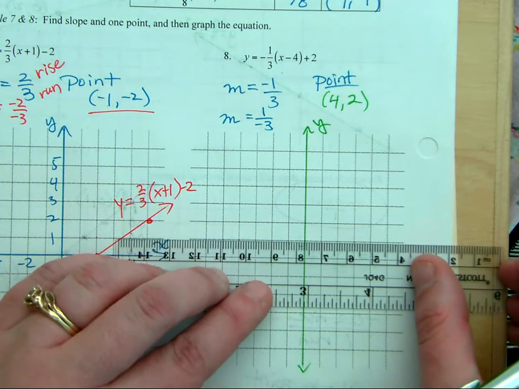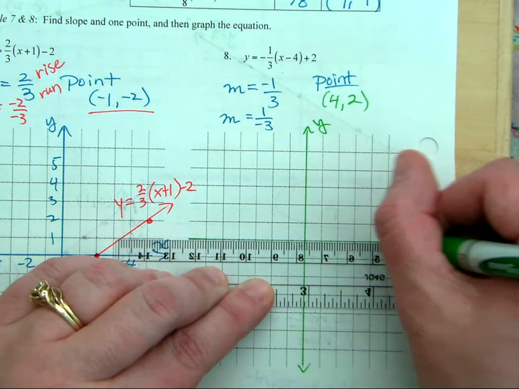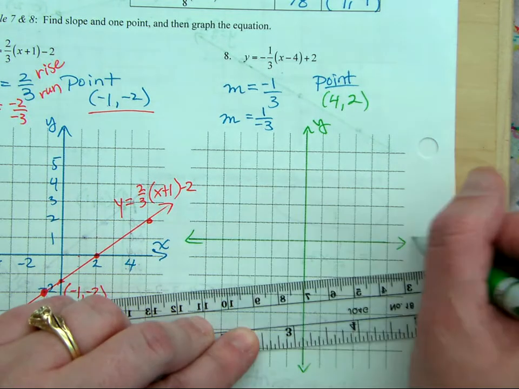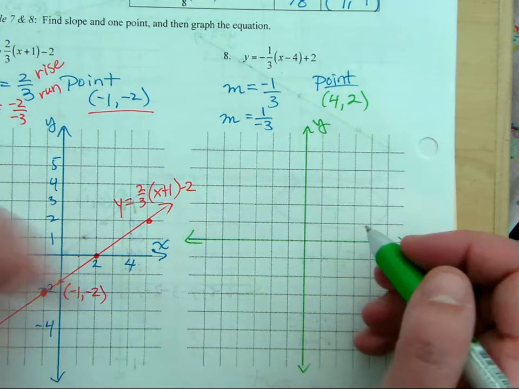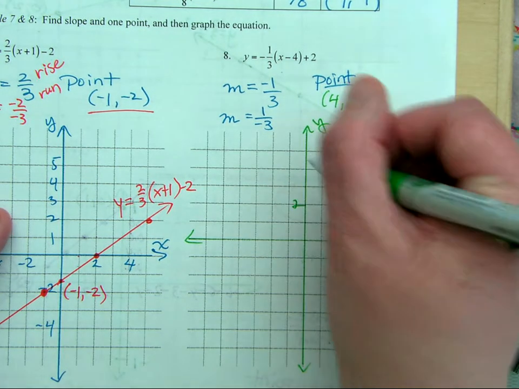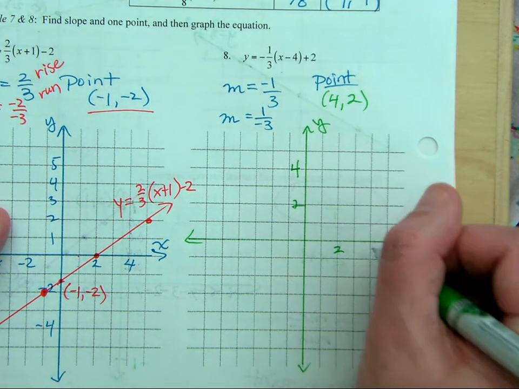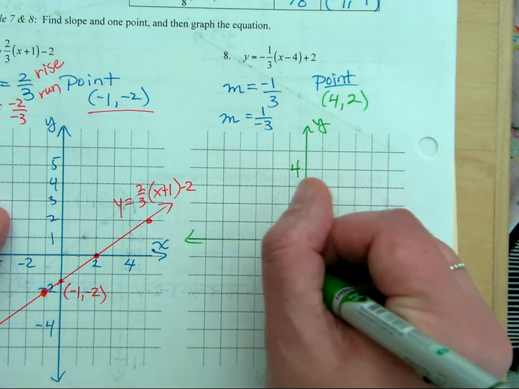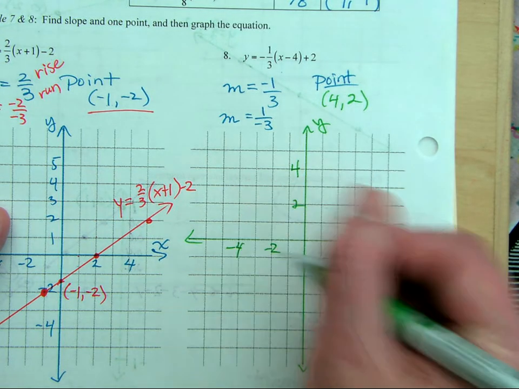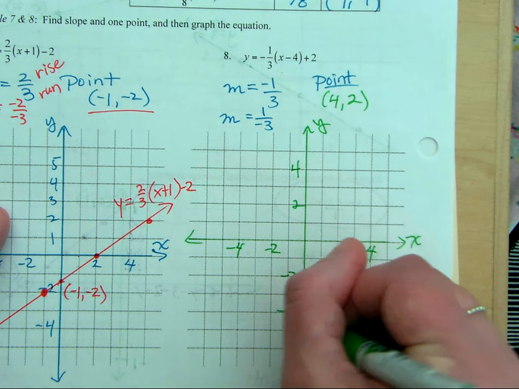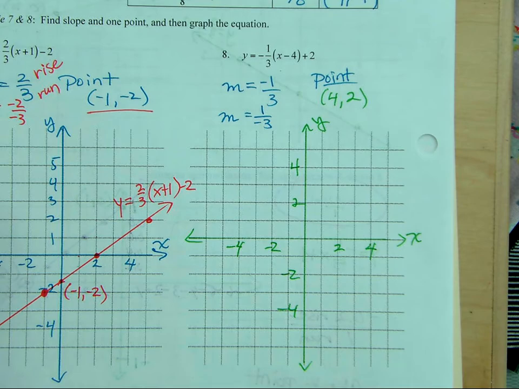I'm going to draw my x-axis and label it x. And then I probably need a few points: 2, 4, negative 2, negative 4 on each axis. I really like labeling the axes this way. It feels more spacious. It has more room.